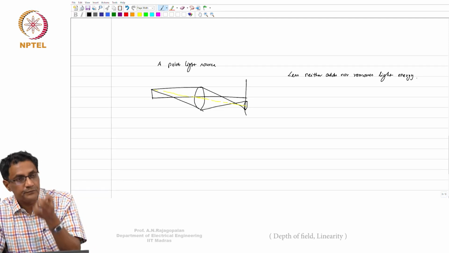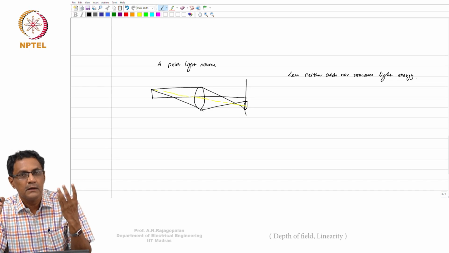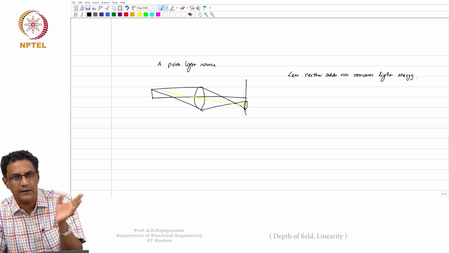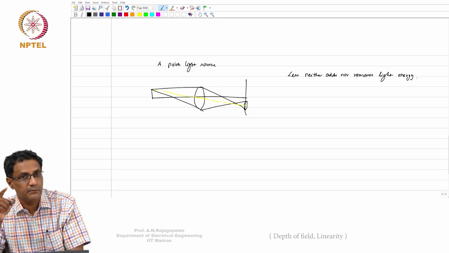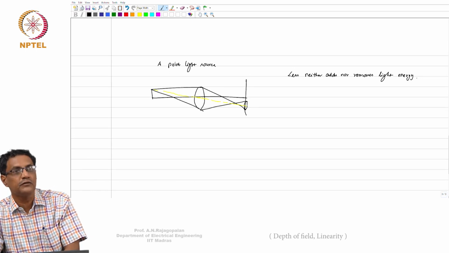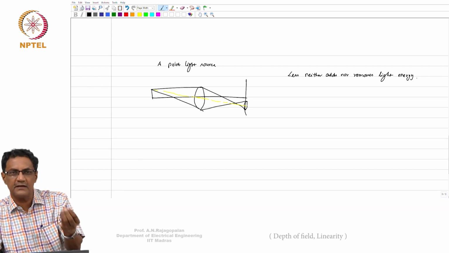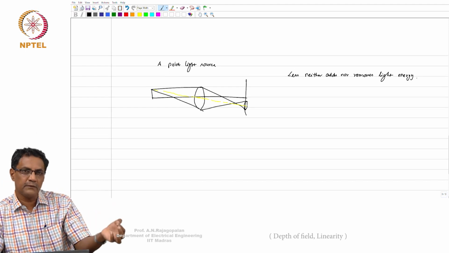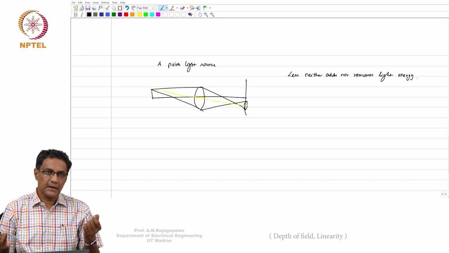Now, when you replace that aperture with a lens, that point has gotten spread. But because the lens itself hasn't added or done anything, what do you expect? The sum of all the intensities within this blur circle should be the same as what you see at a focus point, because you can't lose energy anywhere. Either the lens is also bringing it into focus, in which case you won't see any change in the intensity. You saw a point earlier, you are still seeing a point. They both will have the same intensity.